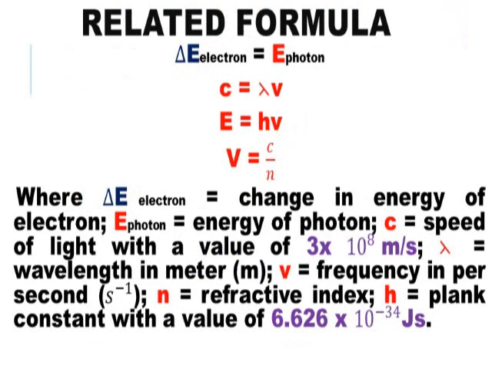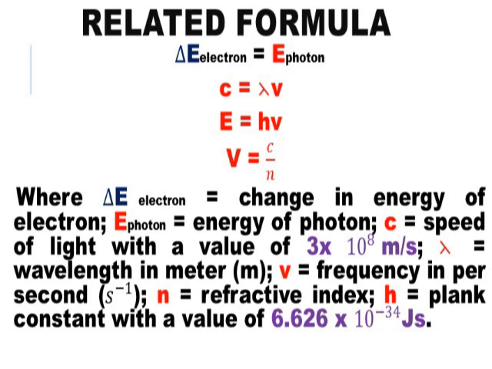Other formulas associated with the equation: delta E electron is equal to E photon. That means the energy of electron is equal to the energy of photon. C is equal to lambda V. E is equal to hV.